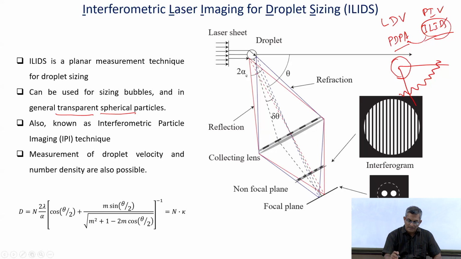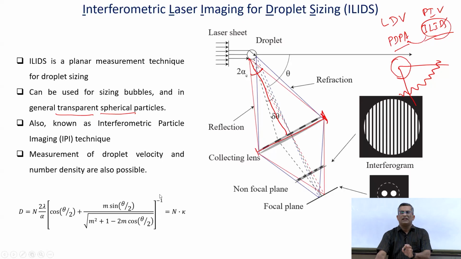The collecting angle is this angle, which is dictated by how far your lens is from your imaging plane, and the width of the slit. But for a given experiment, all these are constants.